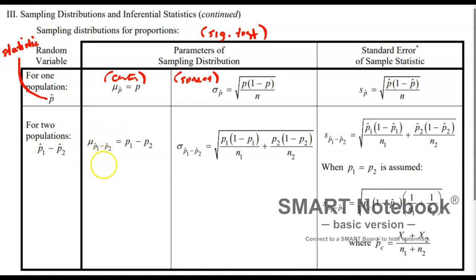Let's see here. Now, this is one population, but again, in context, this might be 1 sample, 2 sample. Okay, so here I'm going to focus on the 1 sample, 1 population. As far as it being 2 population, 2 sample, you guys, it might not be the most intuitive, so just follow it verbatim.